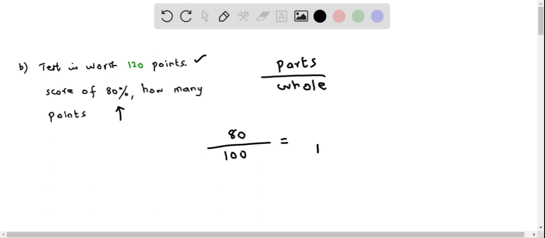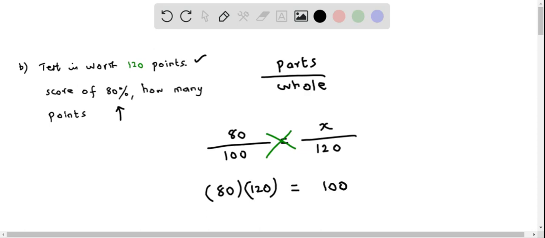And similarly, if the test is worth 120 points, then how much score is required? That's what we write down as X. Once again, we can do the cross multiplication. We multiply 80 times 120, and this equals 100 times x, which is 100x.